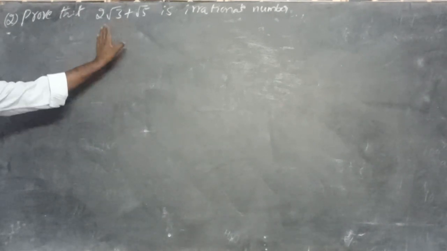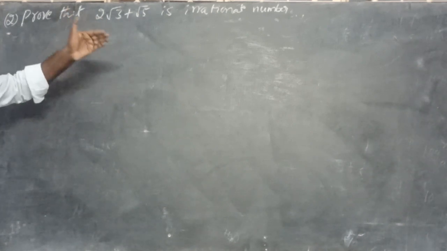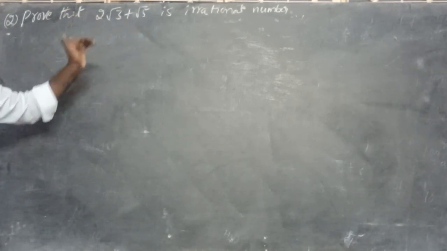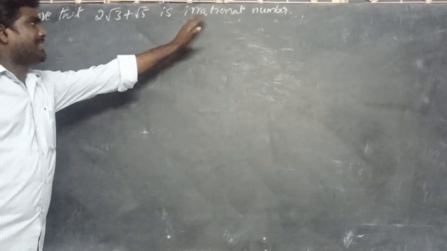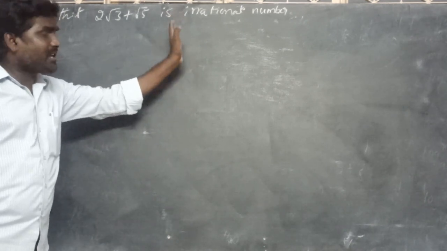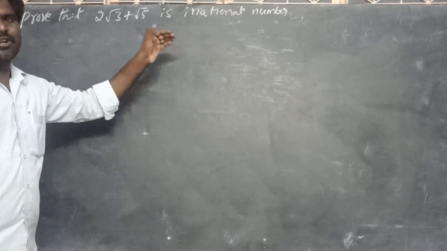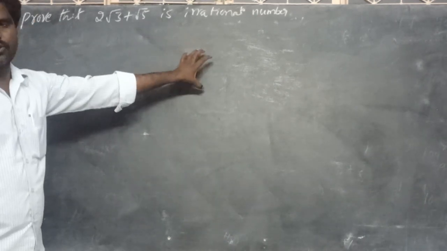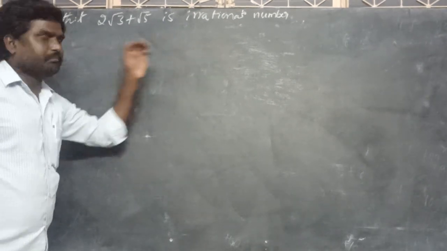False means it is not an irrational number, so finally we can prove that it is true, that means it is an irrational number. Not irrational means it is a rational number, because we can write it in p by q form. Irrational means we cannot write it in p by q form.